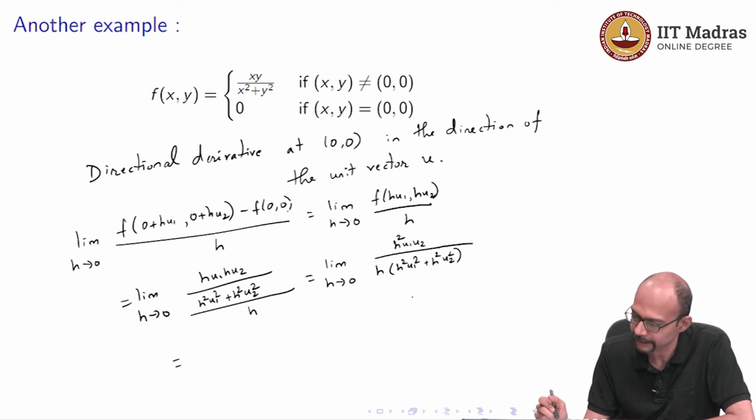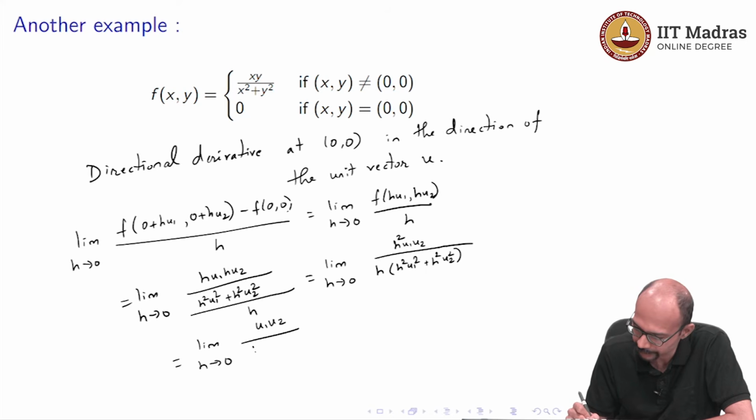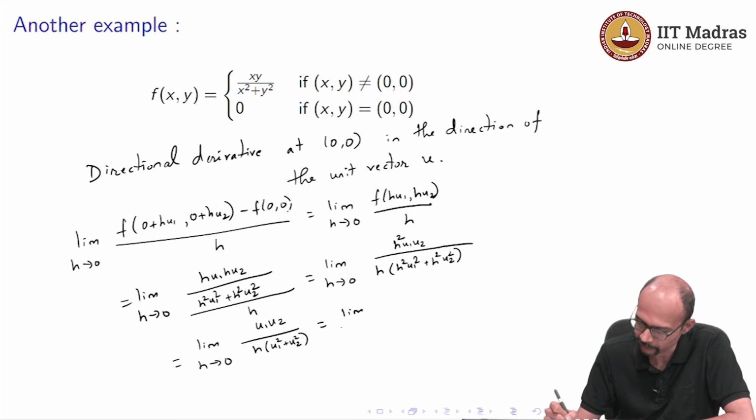So, the h squared cancels with h squared from the denominator, and what this gives us is u1 u2 divided by h times u1 squared plus u2 squared. This is actually a unit vector. So, the denominator u1 squared plus u2 squared is 1, although that is irrelevant for what is coming. So, this is u1 u2 divided by h.